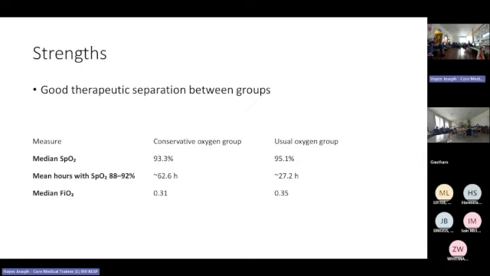Another thing I included in the strengths was that sometimes when trials are compared to usual care, the participants in the trial can get very similar treatments, but you can see that, probably because the protocols were good, the conservative oxygen group did have a lower median SpO2 and spent significantly more mean hours in the target range of 88 to 92%. So if there was a difference, you could more easily attribute that to the intervention.